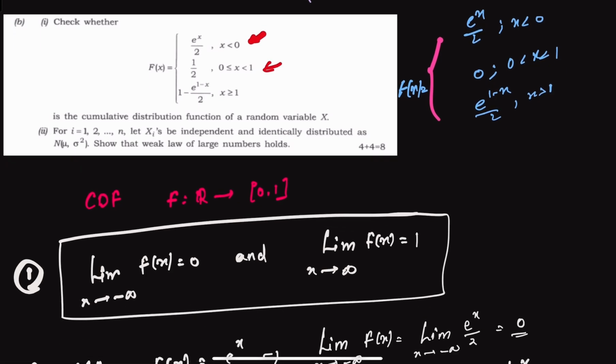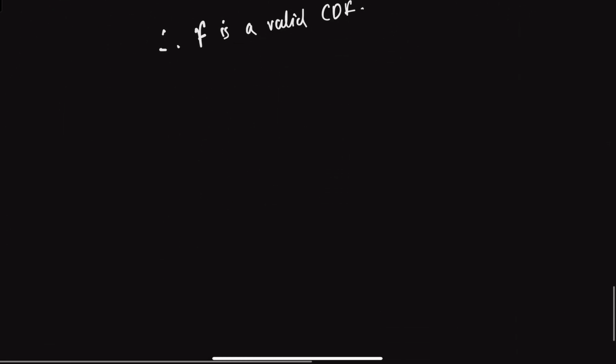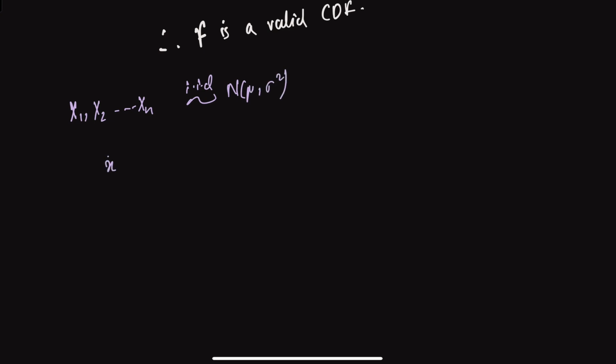Now consider the second part. For i equal to 1, 2 and so on till n, let the Xi's be independent and identically distributed as normal with mean mu and variance sigma square. We need to show that the weak law of large numbers holds. We are given that X1, X2 and so on up to Xn follow i.i.d. normal mu, sigma square. Define the sample mean Xn bar as 1 by n times the summation of Xi from i equal to 1 to n.